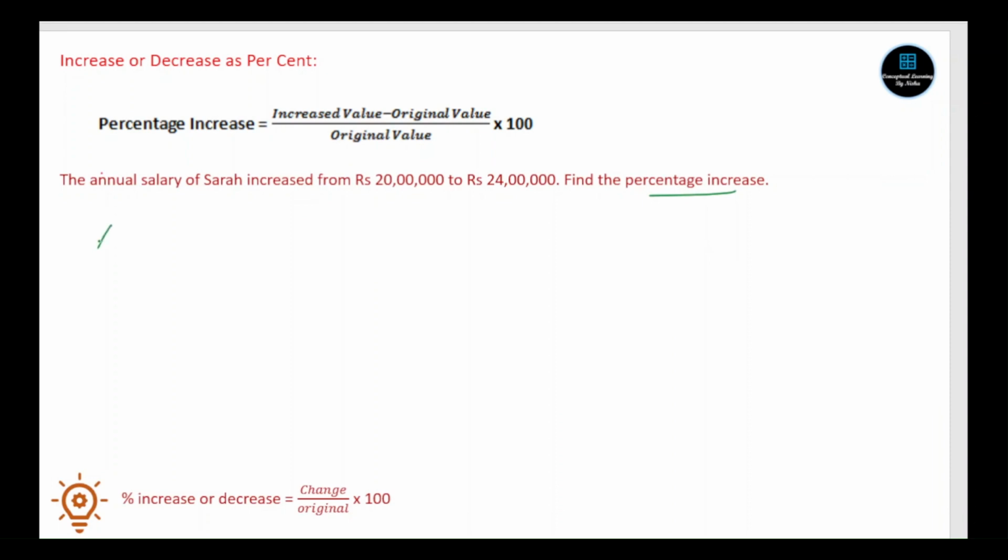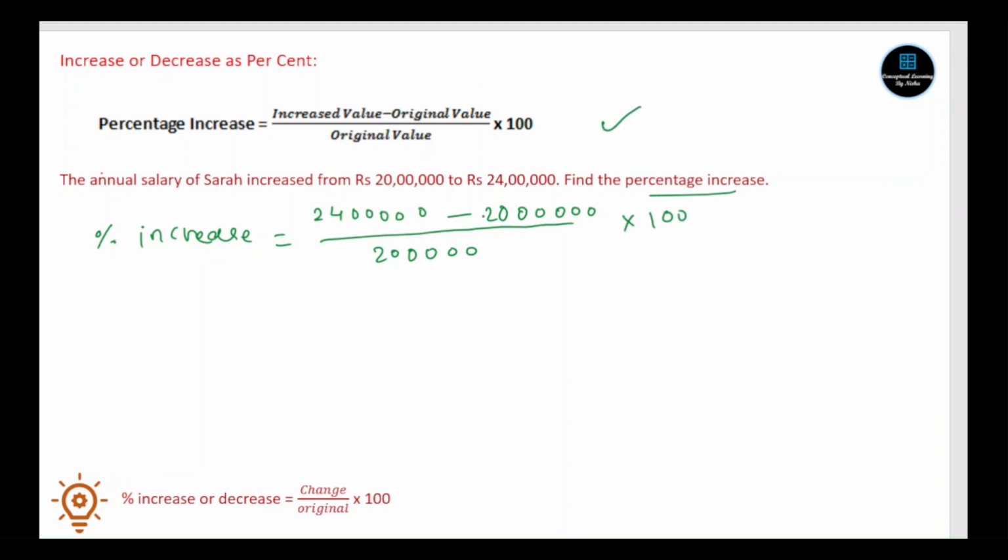So, the percent increase is equal to, what was the increased value? 24 lakhs. Correct? Minus 20, upon the original, which was 20. Right? So, you have to put that, times 100. Write the formula when you solve the question.